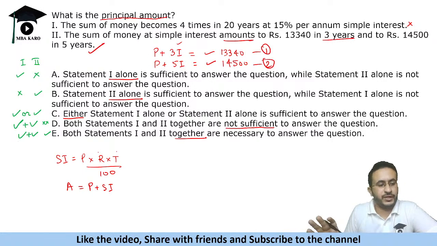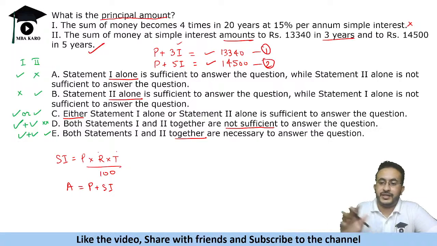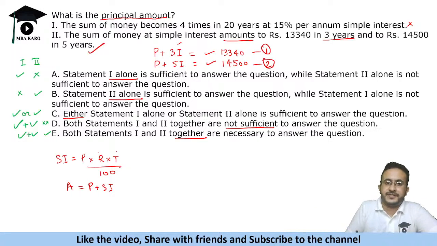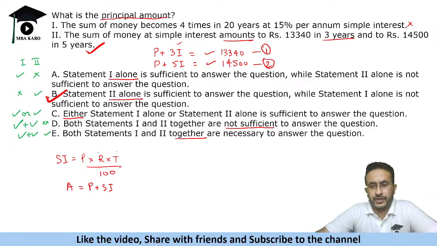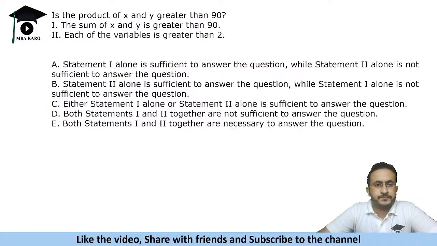You are not supposed to calculate the principal. You have to tell whether it is sufficient. Yes, we can answer using this statement. Okay, so the answer is option B. Statement 2 alone is sufficient to answer, but we cannot answer from the first statement because we might get multiple values for P. Okay, so you should have a unique answer, right?